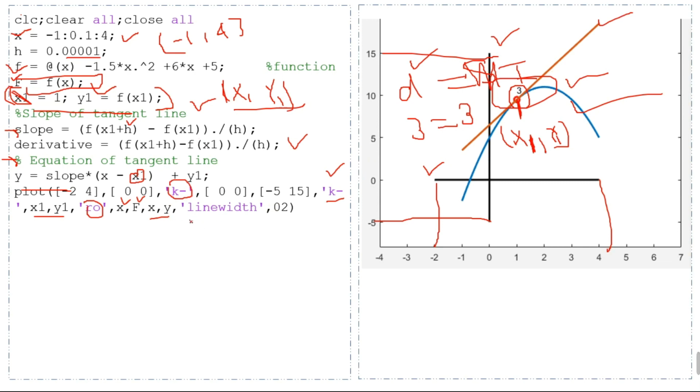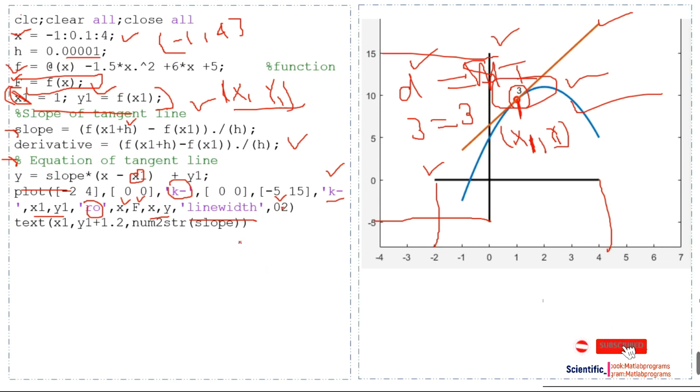Next we set the line width of this line and this line to 0.2. Then we plot the slope label using this command with x1.